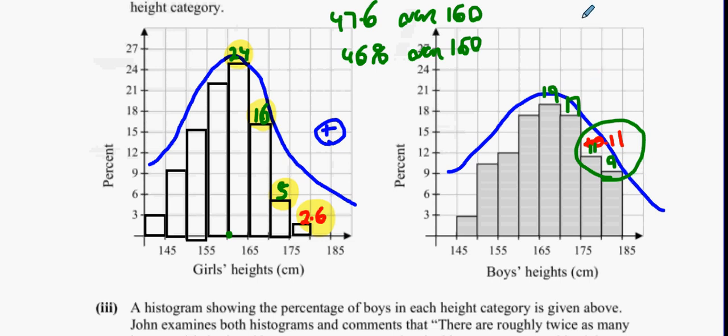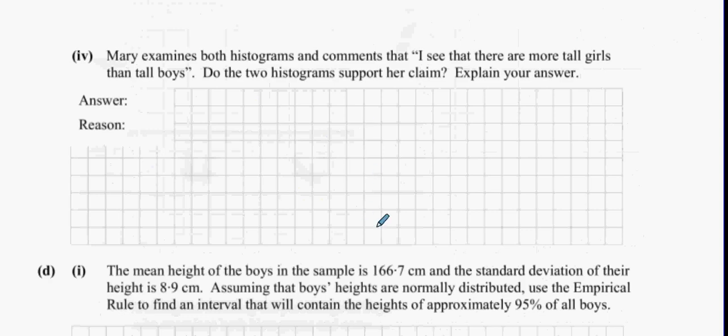So I say there's 20% of lads above 170, while only 7.6% of girls above 170. So I'd say that doesn't support her claim. The really tall people, boys are more dominant. Does that make sense? So you'd have to do some sort of worded answer like that.